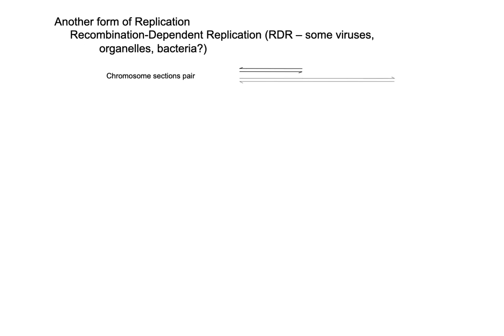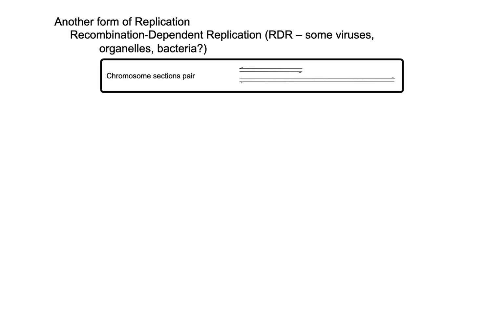Another form of replication is called recombination-dependent replication, or RDR. This occurs in some viruses, some organelles, and it may occur with bacterial chromosomes as well. There are some bacteria also that use this system, especially those whose DNAs are often broken up, such as Deinococcus, which can withstand high doses of radiation.